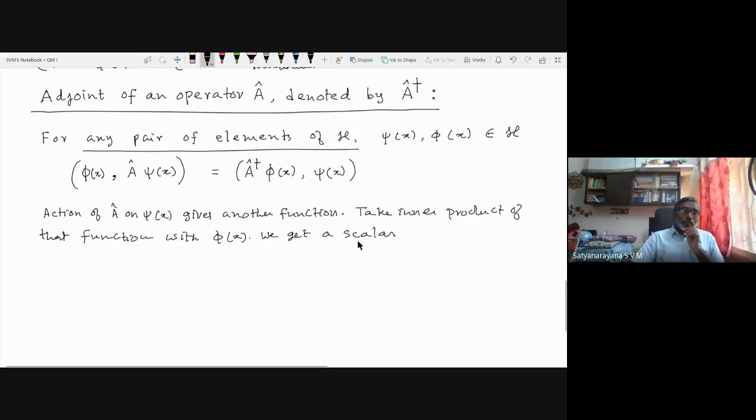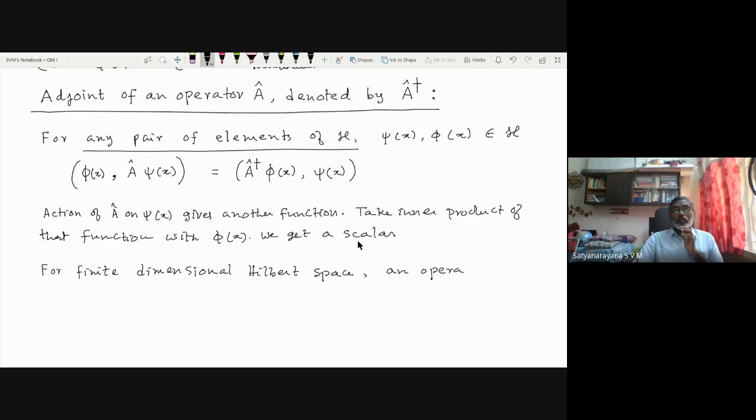Okay, now for a finite dimensional Hilbert space, an operator is a matrix, because it is a linear transformation basically.